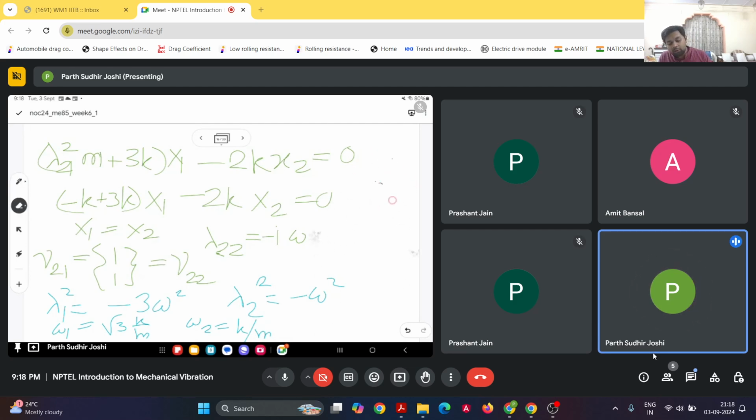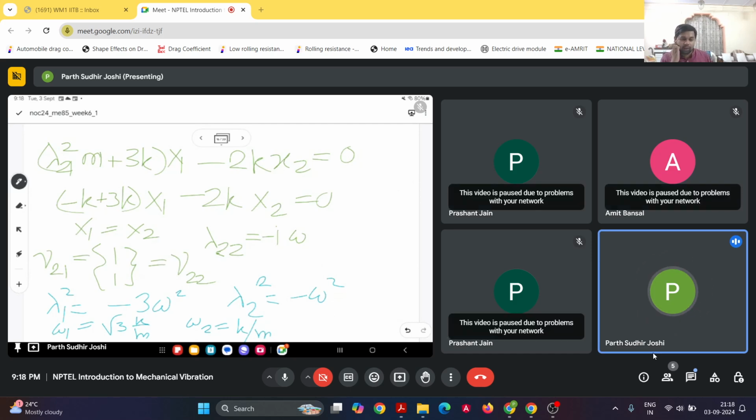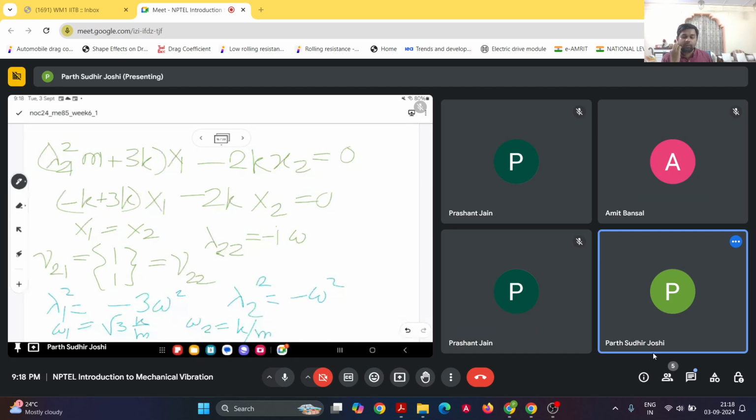But now here we are getting the characteristic equation as a fourth order equation in terms of lambda, so lambda to the power 4.